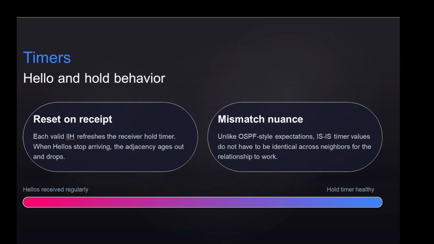If the interface does not receive a hello message from the neighbor within that hold timer, the adjacency ages out and the neighbor is removed from the IS-IS neighbor table. Like previously discussed, unlike OSPF, IS-IS hello timers do not have to be identical across neighbors for the adjacency to work. As soon as a new hello message is received, the hold timer gets reset.